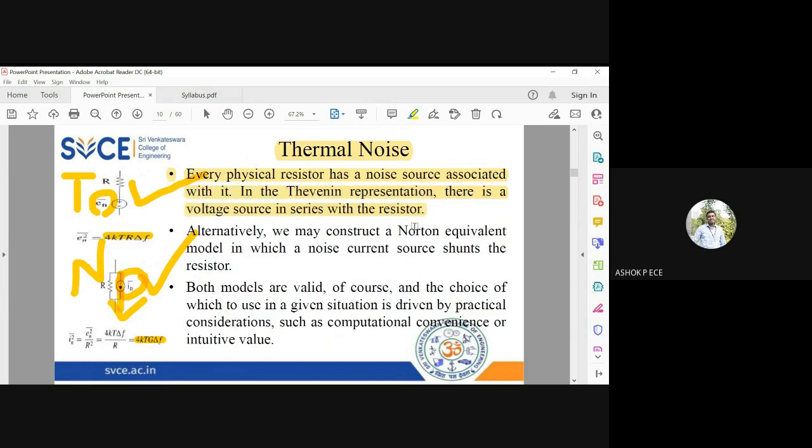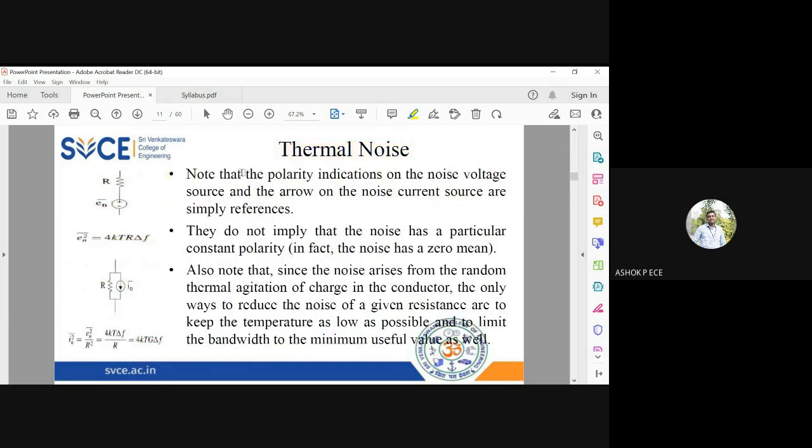So these values En bar and In bar represent the noise voltage and current as root mean square values measured over a period of time, and that value only we are going to substitute in the equations. As I told you, the polarity of the voltage source and the current direction are not important here, because we are going to take only the magnitude of the noise. So that is going to be immaterial.